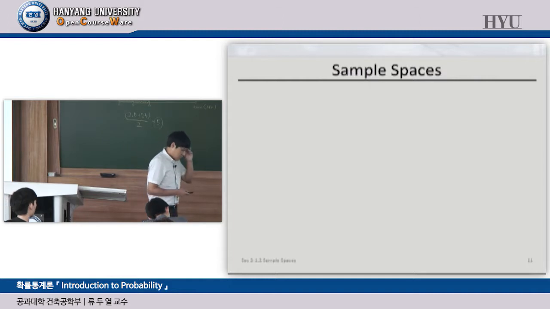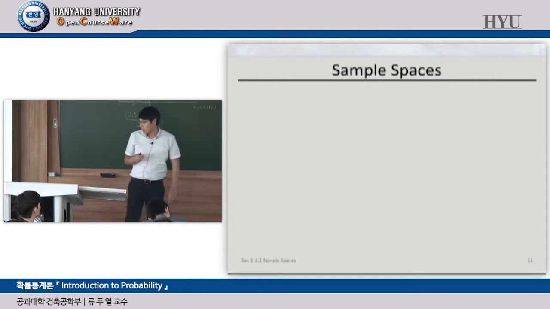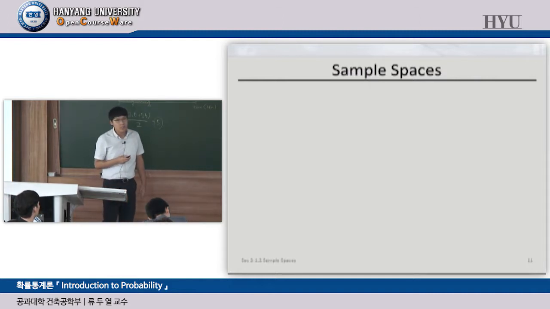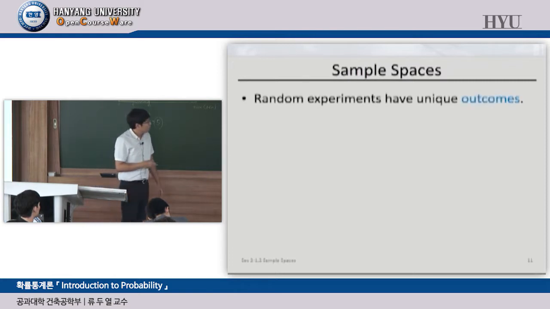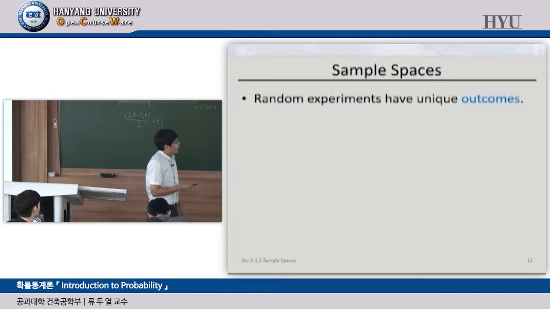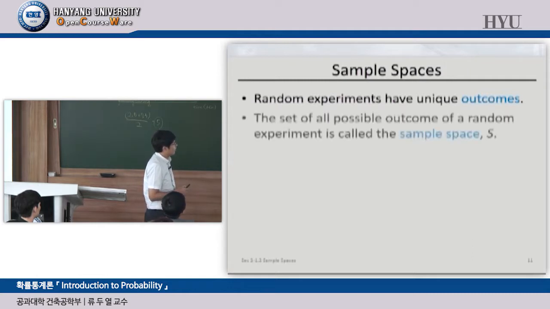And now we are going to talk about the sample spaces. Random experiments have unique outcomes, and the set of all possible outcomes of a random experiment is called the sample space, and it is expressed by the capital S here.